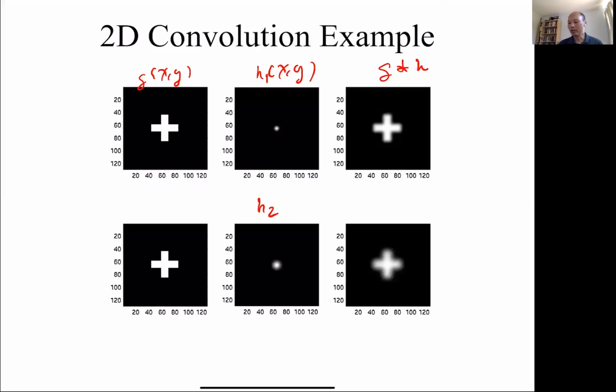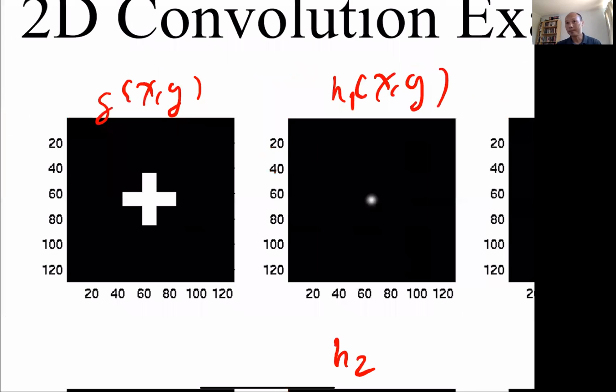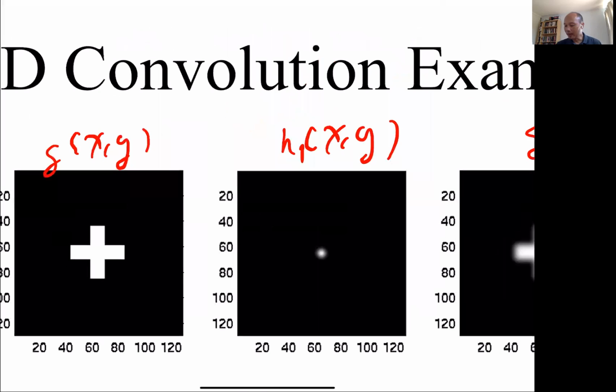But it's also useful to summarize the key intuitions we've learned from this session. This object here, g of xy, if I blow it up, I can imagine it's made up of lots of little tiny delta functions.